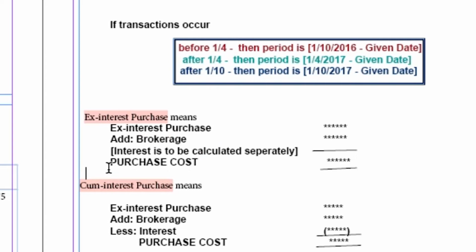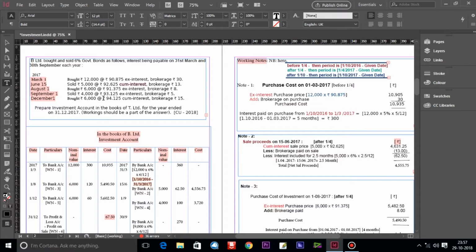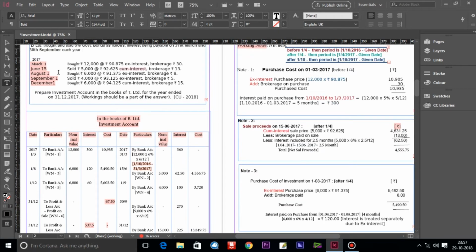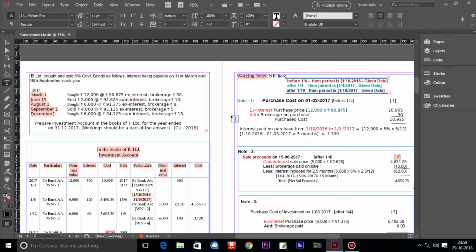Now I am going to the question again. The first transaction happened on March 1, 2017. Bought rupees 12,000, so what will be the journal? The journal will be investment account debit to bank account. In this case, it is a purchase of shares or bonds for investment purpose, so purchase will be written as investment.